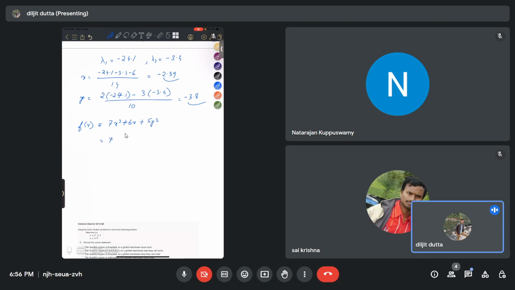So it will be 7 into minus 2.39 whole square plus 6 into minus 2.39 plus 5 into minus 3.8 whole square. It's coming around 97.